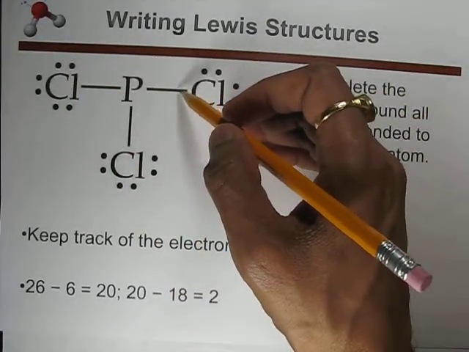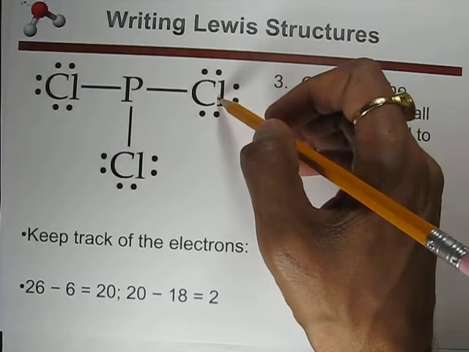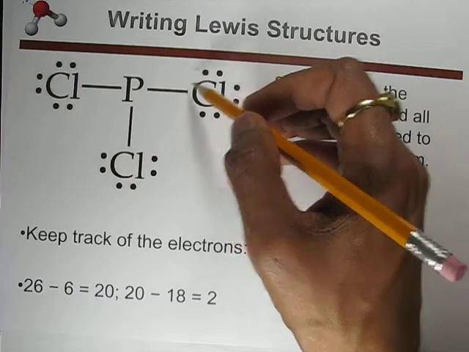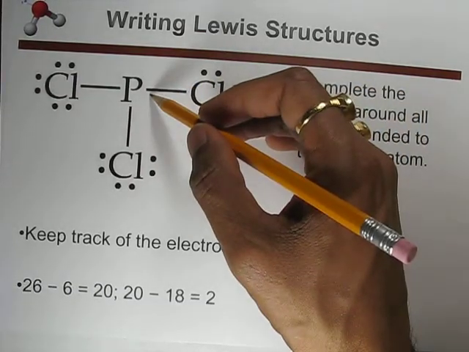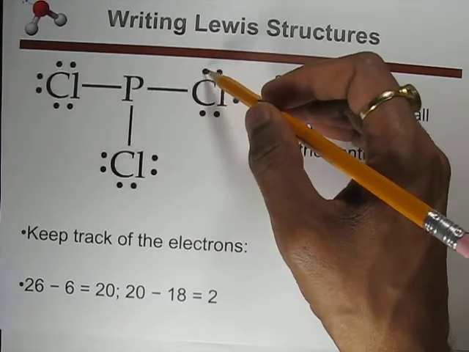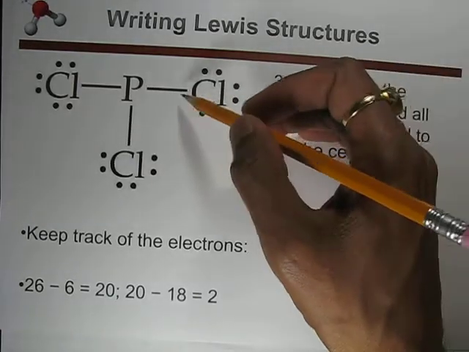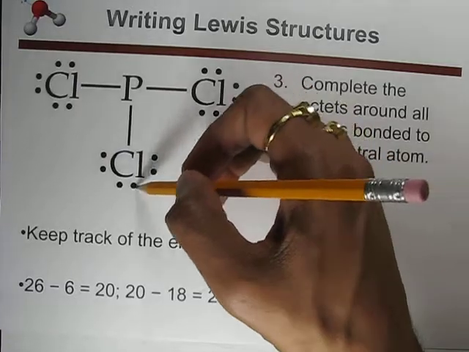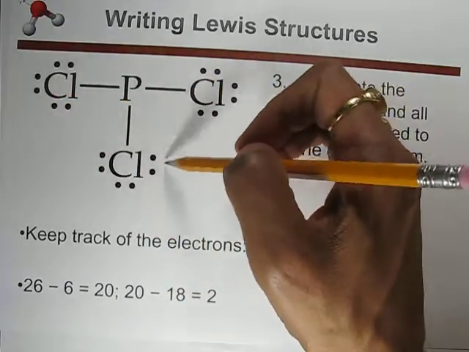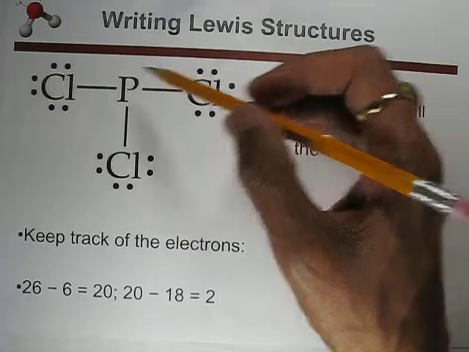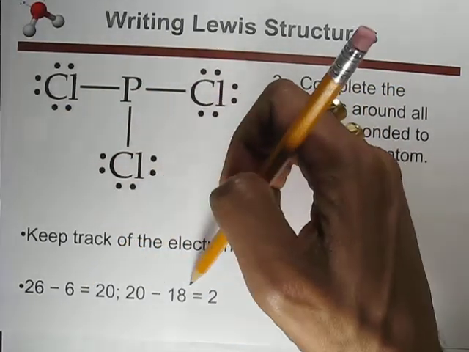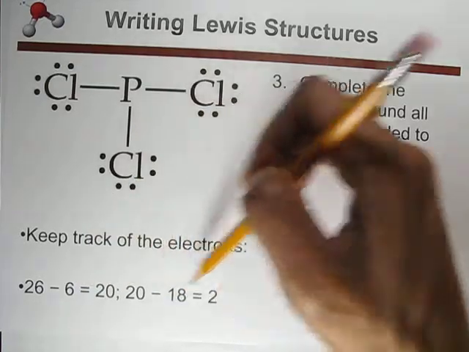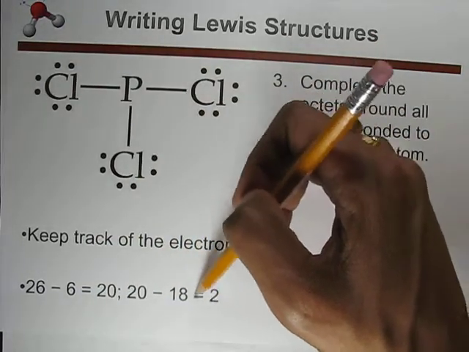This chlorine is forming a single bond, so it already has 1 electron here and 1 electron from the phosphorus, and now we have to write 6 electrons: 1, 2, 3, 4, 5, 6, and 2 electrons from the bond, 8 electrons. Likewise here 6 electrons, 6 electrons. In total 6, 6, 6 is 18, and 6 electrons we have already used, so 20 are accounted for. So 2 electrons are still remaining.